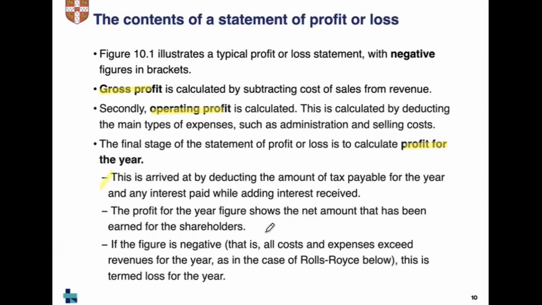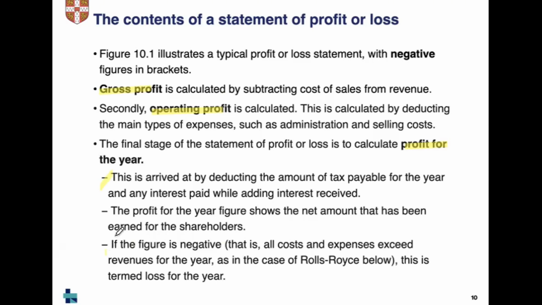Sometimes the business takes a decision that this year's profit, we will distribute part of the profit to shareholders, and we will retain some of the profits in the business so that we can use it to expand the business or use it for other purposes. All right.